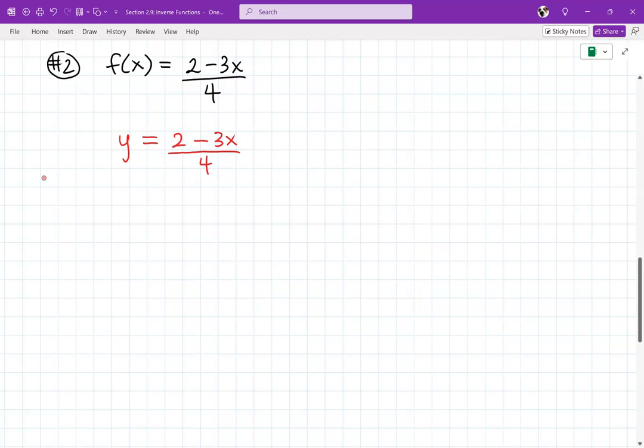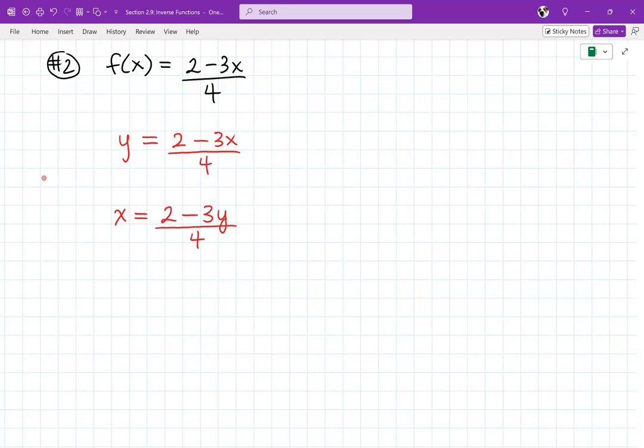Step 2, literally rewrite y to x and x to y. So instead of y equals, I'm going to put x equals 2 minus 3y over 4.